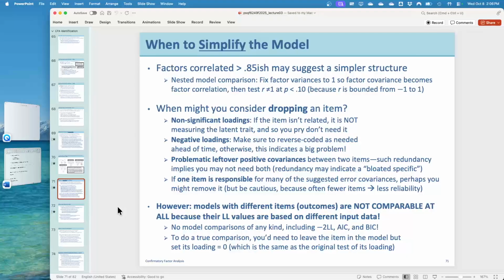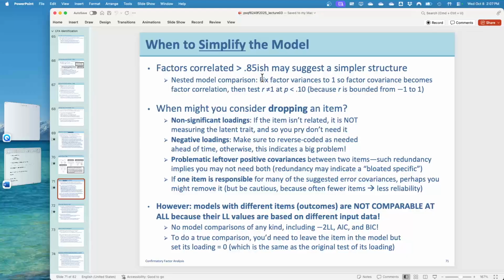Well, let's say you have a two-dimensional solution and your factor correlation is like 0.85, you might say, is that really two different factors? And the answer might have to be yes, statistically. They're highly related, but this is where, in the reviewer Rolodex of complaints, this always shows up because there's no answer to it. From a statistical point of view, you may need two factors with a correlation that may be estimated to be 0.85, 0.9. But if you make them one factor, the model doesn't fit anymore. So that's a problem.